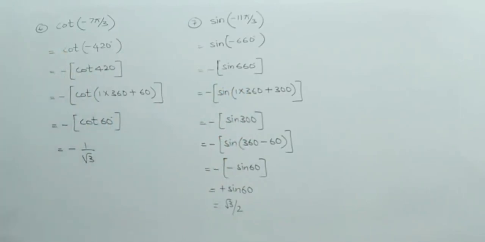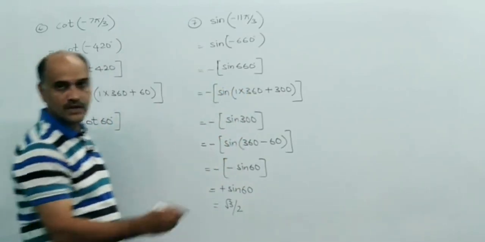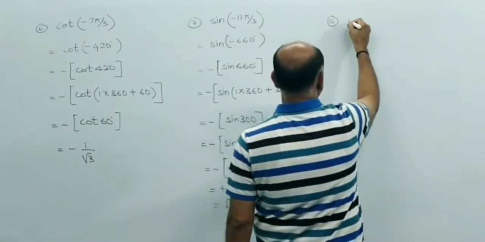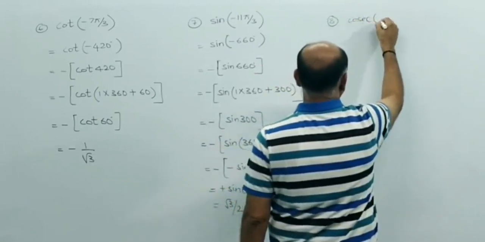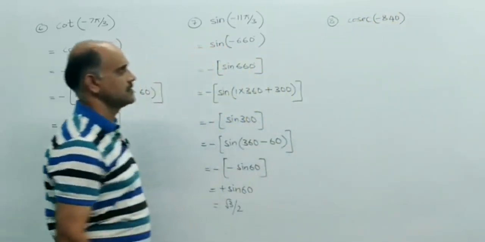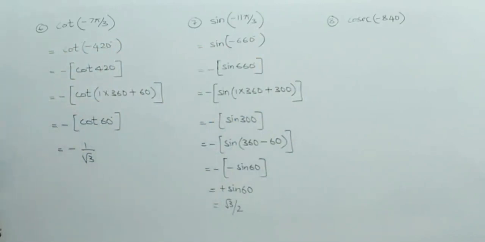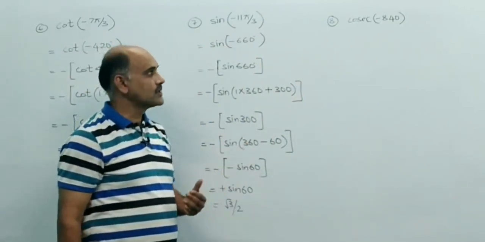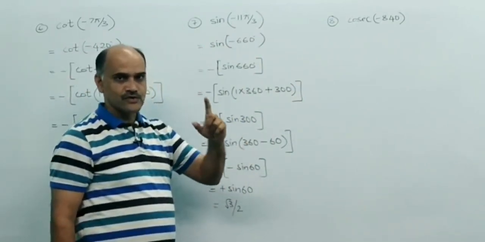Similarly, if I take the next one, the 8th, cosec of minus 840. Whether the minus sign remains or does not remain, it is cosec.